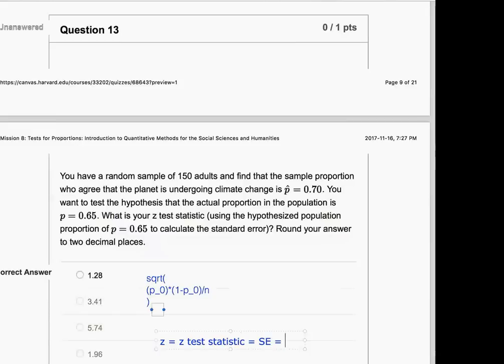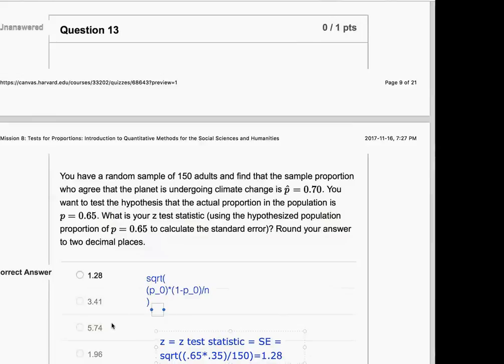If you do everything correctly, you take 0.65 times 0.35 divided by 150, and you take that whole mess and give it a square root. You can test it for yourselves. Tell me if I got this wrong, but I think we have it right here. You round it to 2 decimal places, and you should have something in the ballpark of 0.128.